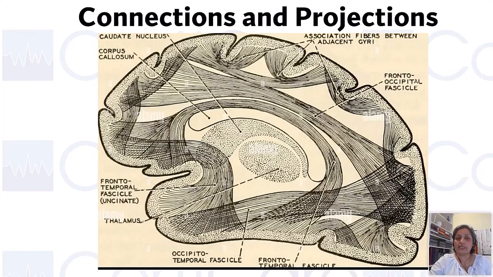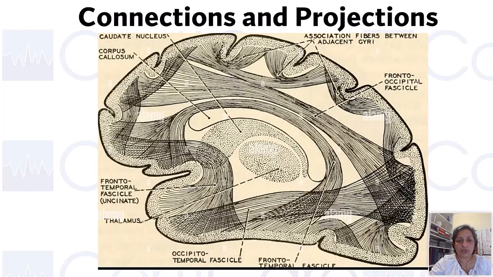The frontal lobe receives connections from all over the brain, basically. If you look at these projection fibers, which run from cortical to cortical, that means from one part of the gyrus to another part of the gyrus, from frontal to the parietal lobe, the fronto-occipital tracts or fascicles connect the occipital lobe to the frontal lobe.